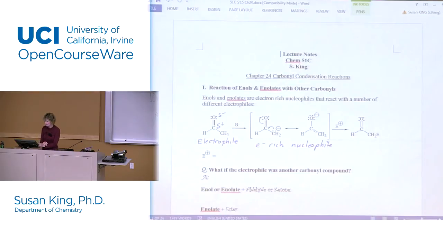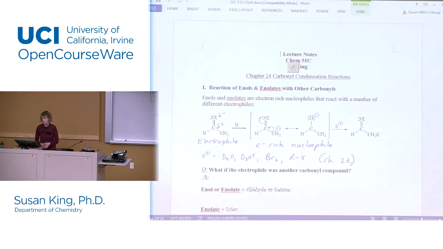When we add electrophiles, it will attack them, so we incorporate the electrophile into the alpha position. Of course, our electrophiles are D2O, D3O plus, bromine, Br2, and RX. So that's what we talked about in chapter 23.